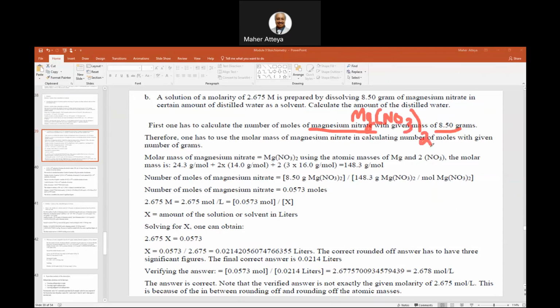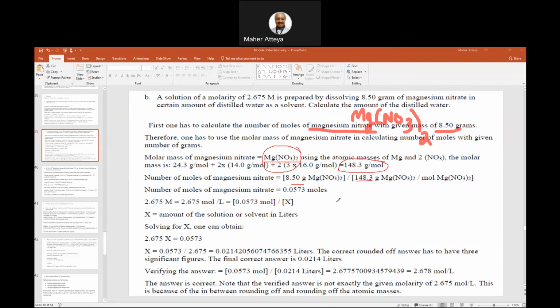So you calculate, and this is given to you here as well. Look at this one here, magnesium nitrate, magnesium and 2 nitrates. You do all the calculations, and you will end up with the molar mass of magnesium nitrate as 148.3. Now to get the number of moles, you have the mass divided by the molar mass.